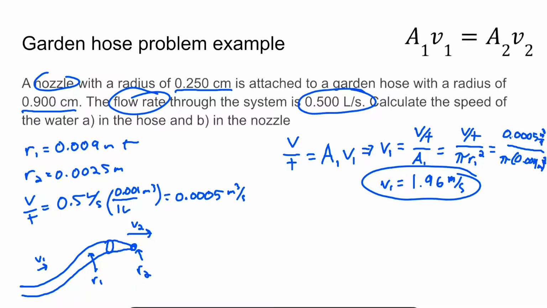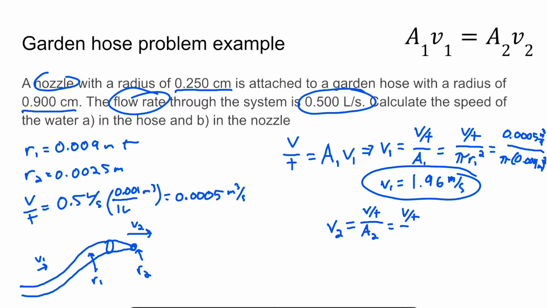Cool. But then that water is not going to stop in the hose, right? It's going to keep going through that nozzle, but that nozzle has a much smaller area. So we can find our velocity for the nozzle by taking that flow rate, which will be the same in the nozzle as in the hose, and dividing that by the area of the nozzle.